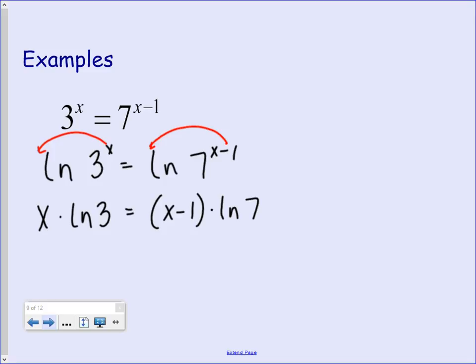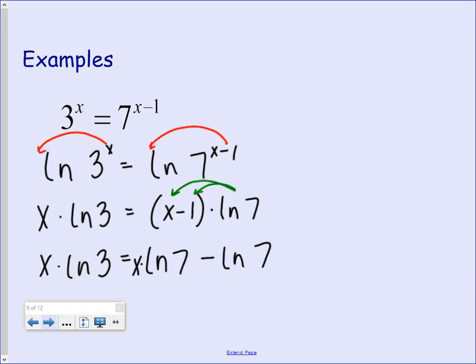So we're going to distribute the natural log of 7 to both terms there. Back in rational functions, we distributed a y into both x terms. So we get x times natural log 3 equals x times natural log 7 minus natural log 7.